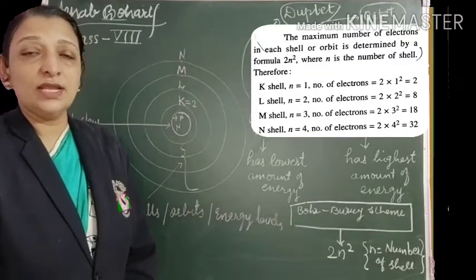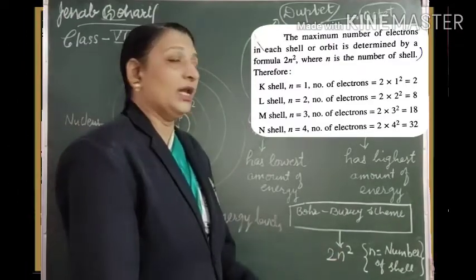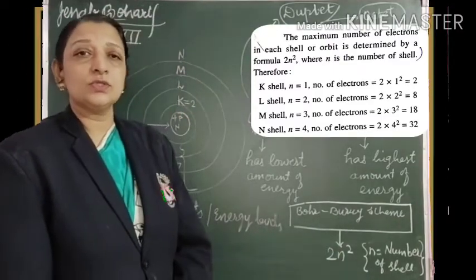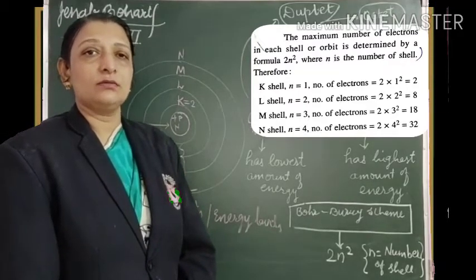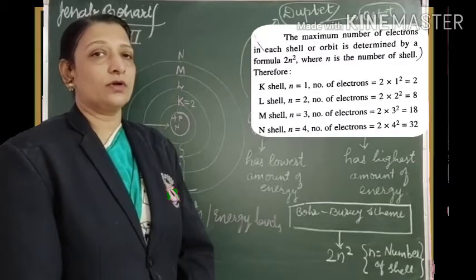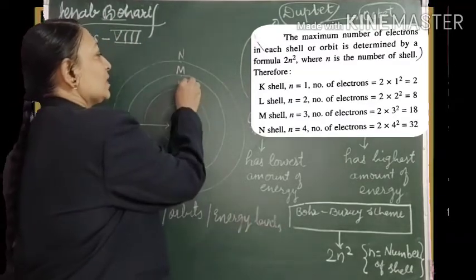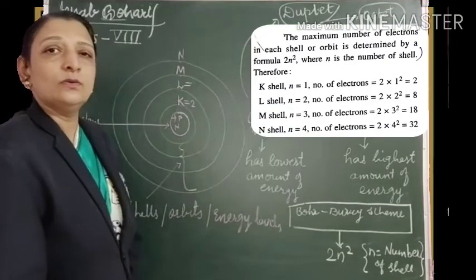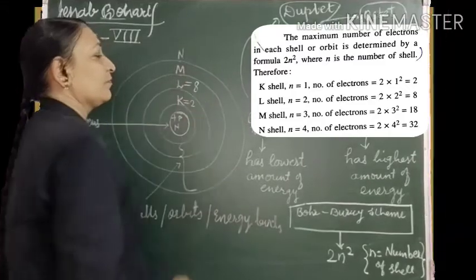The second shell is the L shell. Here the value of n is 2, so 2 into 2 square equals 2 into 4, that is 8. So the capacity of the L shell to accommodate electrons is 8.